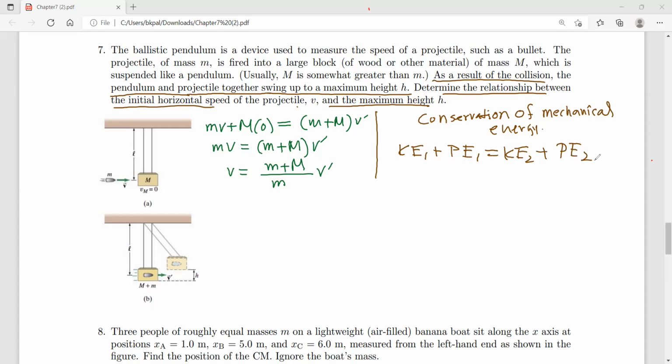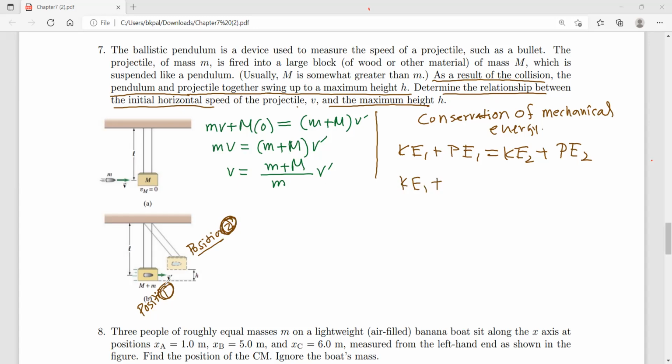We can think that just after the collision is our position 1, and this is position 2, at its maximum height. Just after the collision, we should have kinetic energy, because we know that there is velocity v prime.